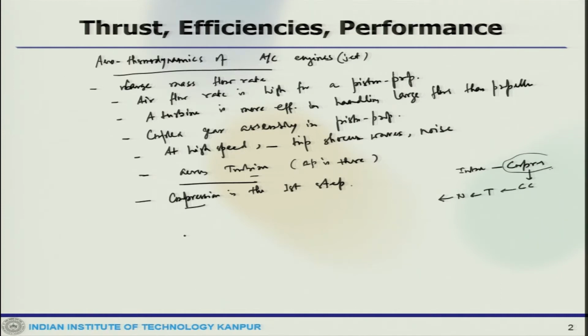Now, if the compressed gases are expanded directly in the turbine and there are no losses in any of them, the power developed by the turbine would be the power absorbed by the compressor.